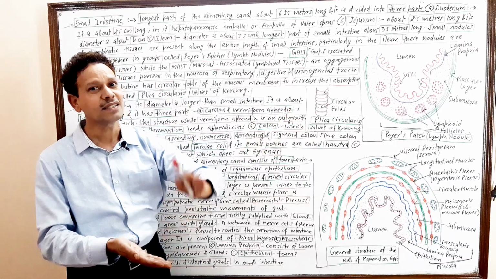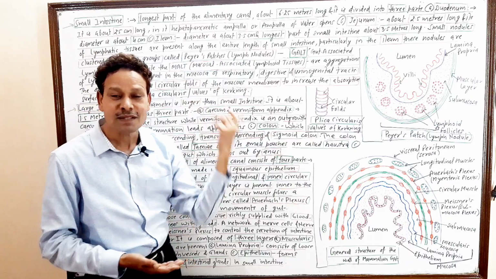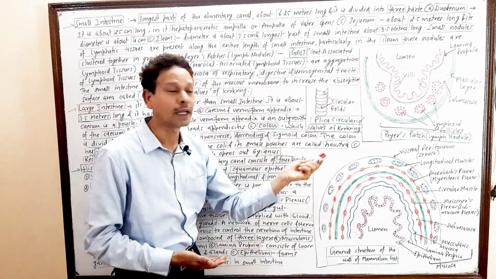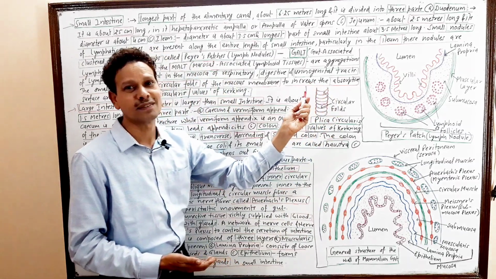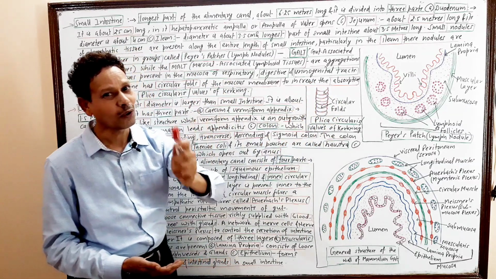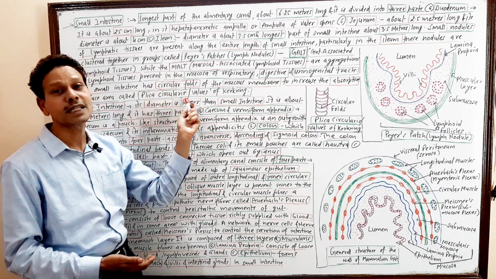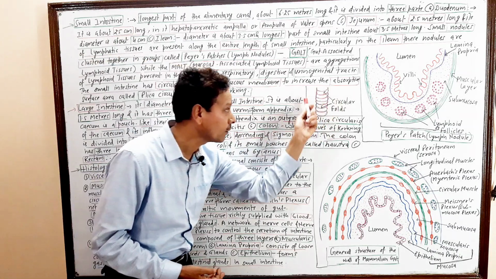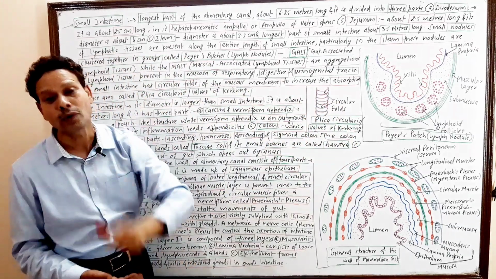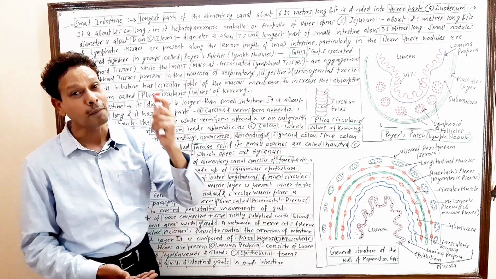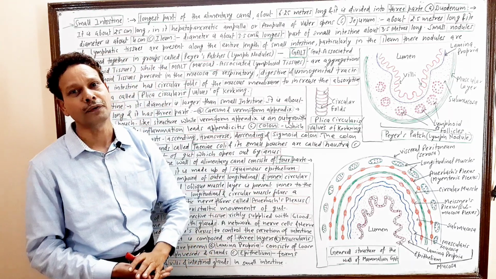To increase the absorptive surface area of this small intestine, the mucous membrane produces circular folds. Note down this point. These circular folds are plica circularis. We said, students, these circular folds in the intestine are produced by mucous membrane, the mucosa, and these are abundant in jejunum, the main site of absorption of food.